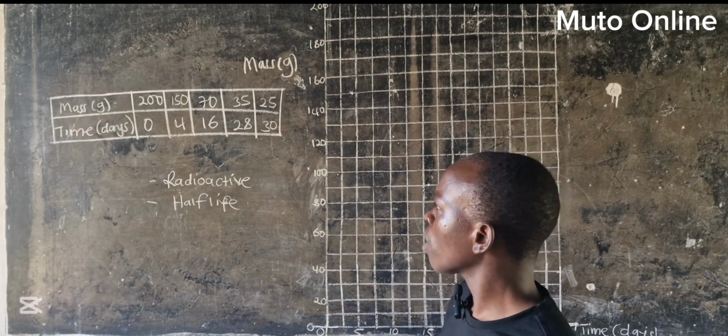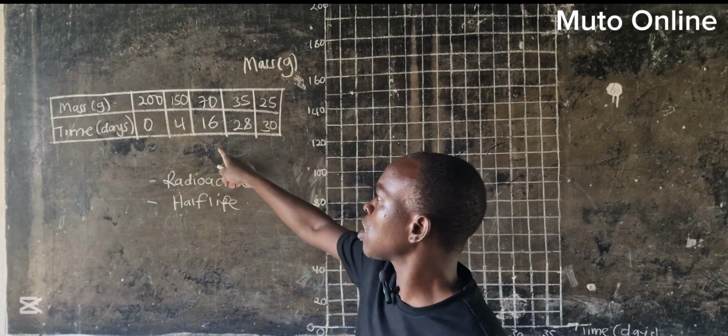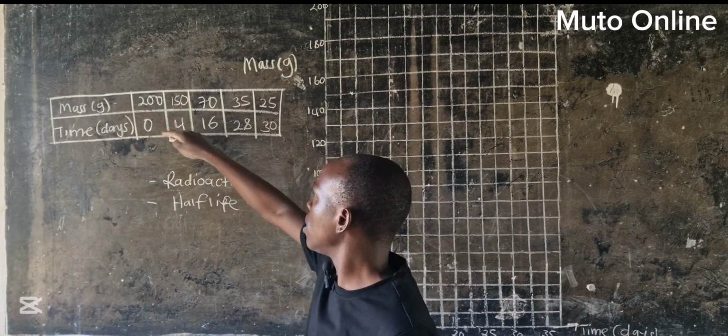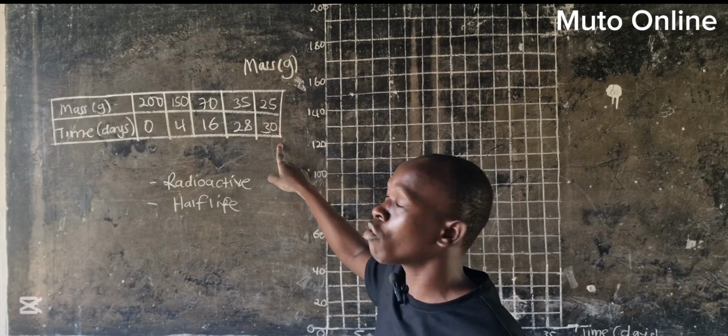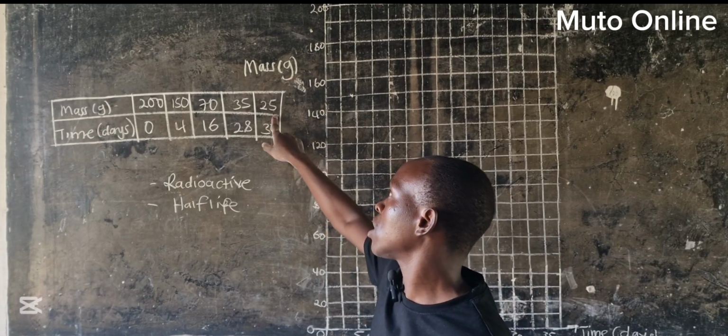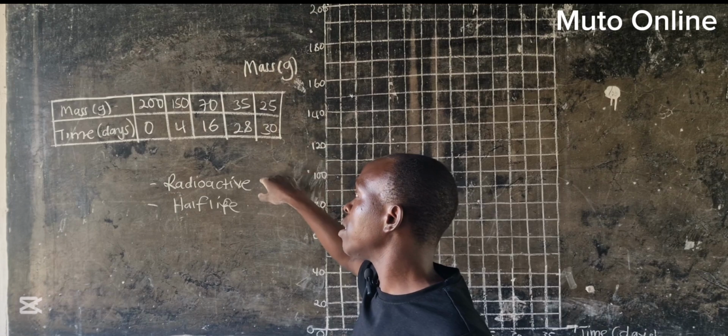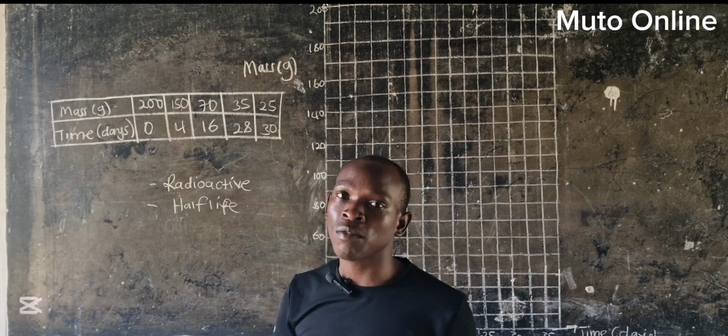Now, the fact that this mineral was initially 200 grams, and then, to their surprise, after some period of time, they found that it had reduced spontaneously or continuously, automatically means that this material was radioactive.